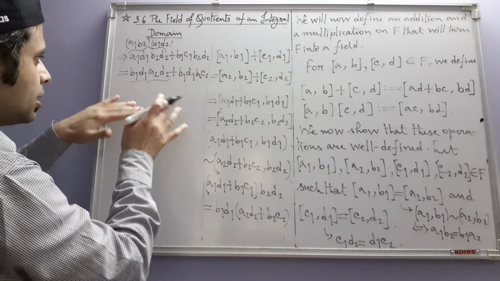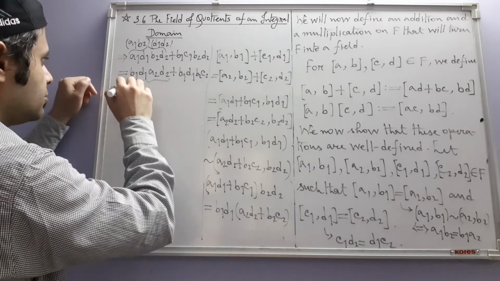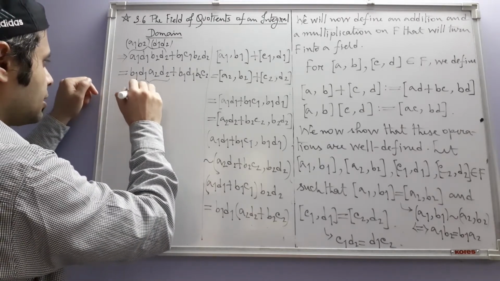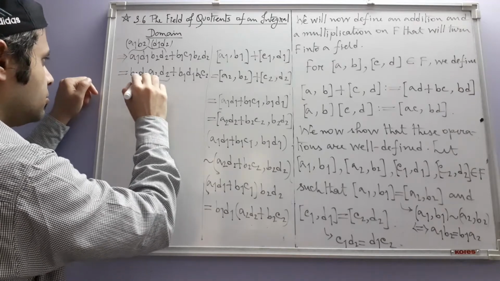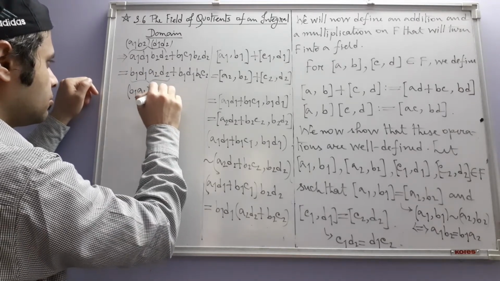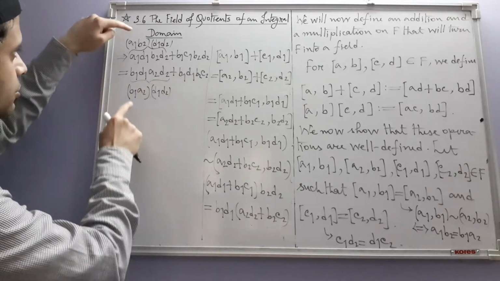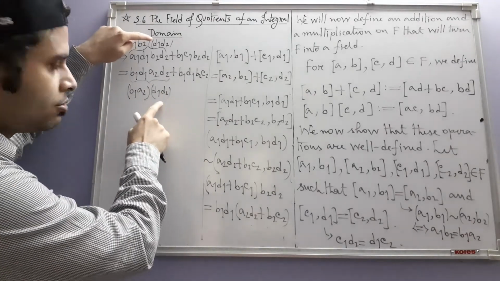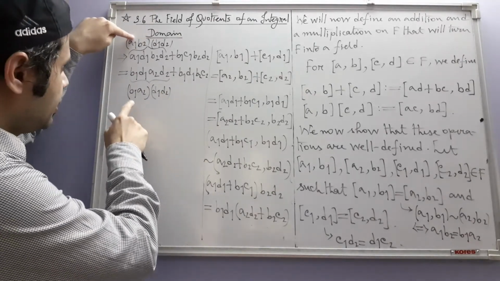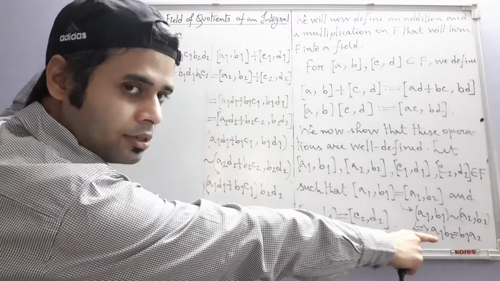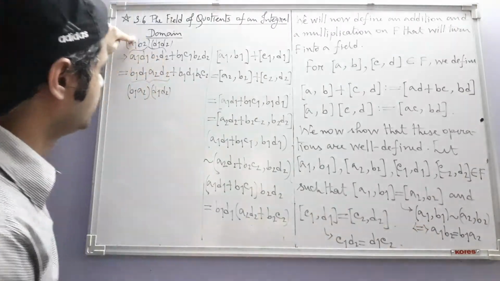On this side of equality, here we have B1 A2 D1 D2, and these two are equal because D1 D2 are already there, and A1 B2 is equal to B1 A2 from there.